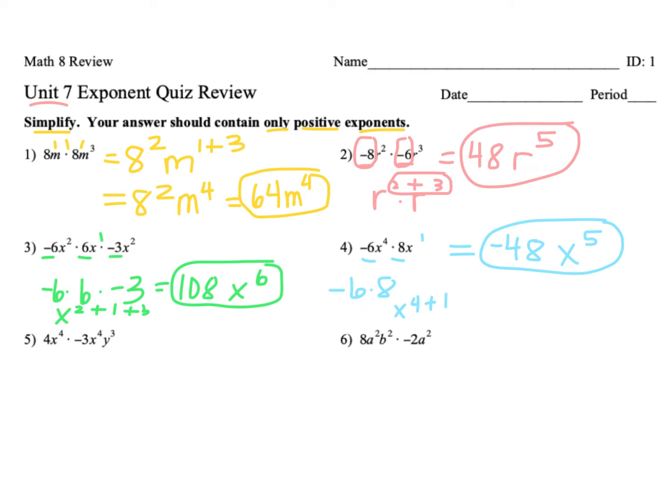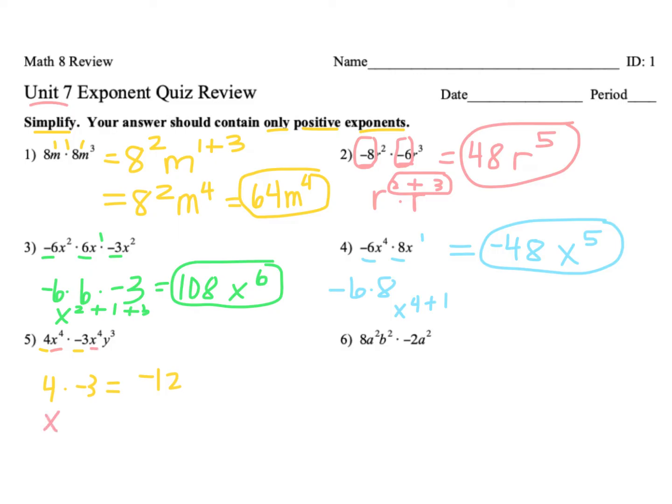Okay, moving on for number 5, I see I have a 4 and a negative 3. So those bases are different. So I'm just going to do our regular multiplication with that, which is negative 12. And then I do have the same base of an x to the 4th and x to the 3rd.